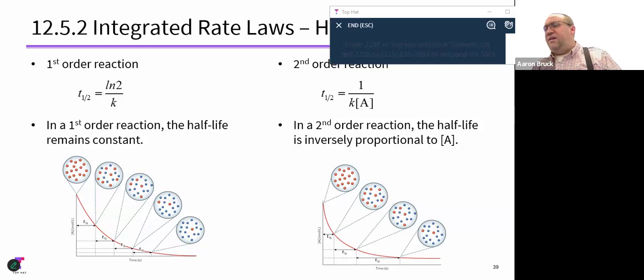And the way that they do that is they look at something called carbon 14. Carbon 14 is the radioactive isotope of carbon. It's present in less than 1% of all carbon samples.